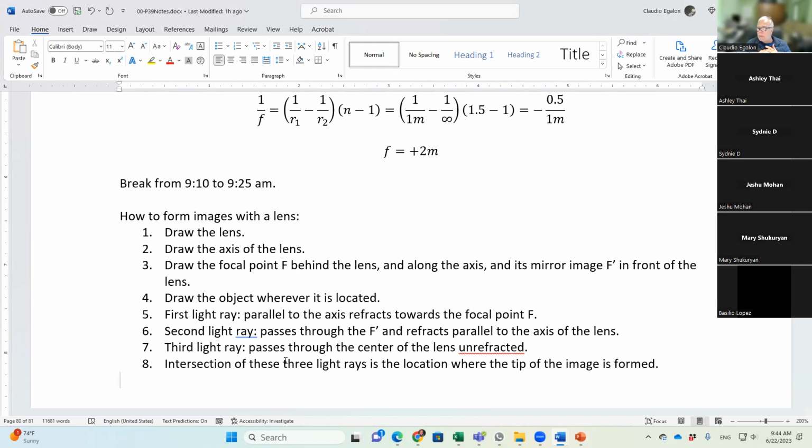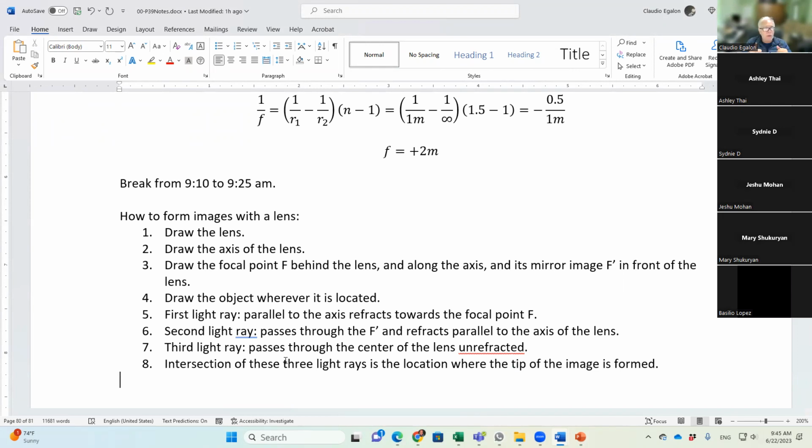In the movie theater, they have a lens system behind that's projecting the image of the film onto a larger screen. That image that you see projected on the screen is a real image. A virtual image cannot be projected onto a screen.